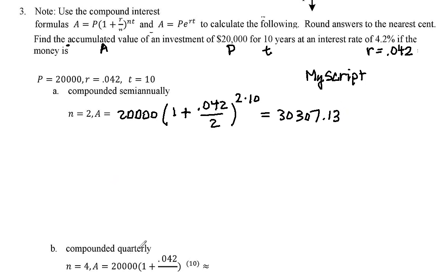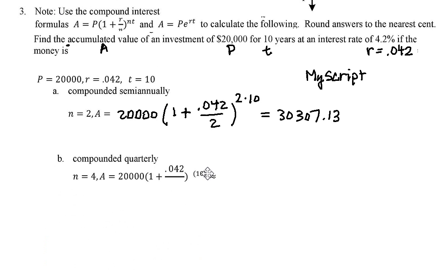And then they want us to do it compounded quarterly. So quarterly here means that N equals 4 because there's 4 quarters per year. So that's this 4. So quarterly is 4 times per year. So everything else in this formula is going to be the same, except the 2 is going to change to a 4.